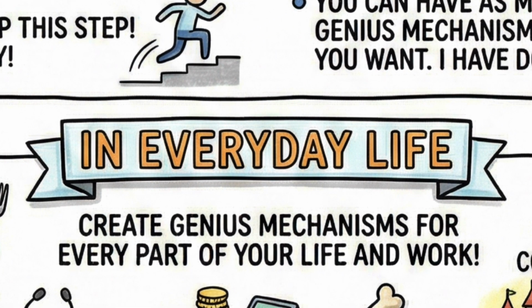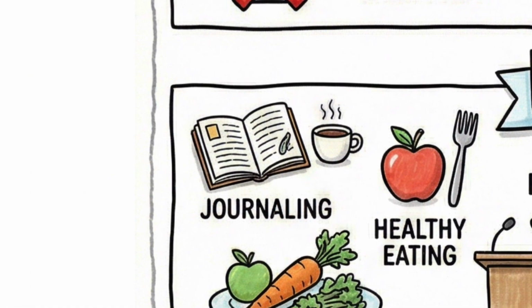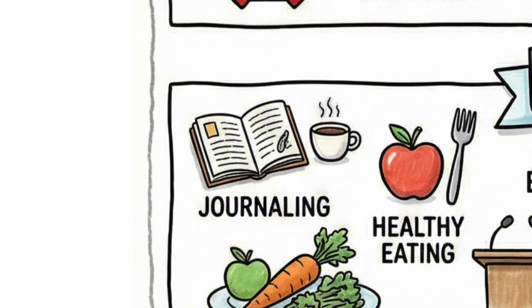So one last thing I want to touch on is how to use this in your everyday life. We talked about how to do it using business elements such as marketing and writing and productivity, but how do you use this in everyday life? Well, you can by just creating genius mechanisms for different things like journaling. If you're into journaling, then as you're learning ideas about how to be an effective journaler, create a genius mechanism for that.